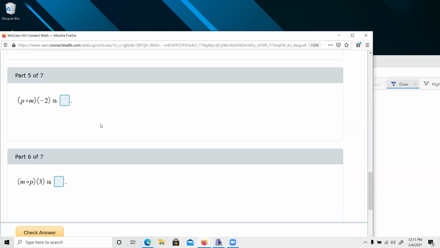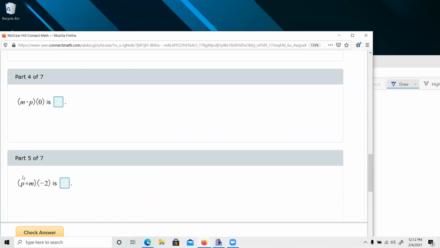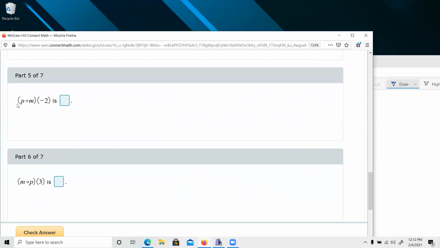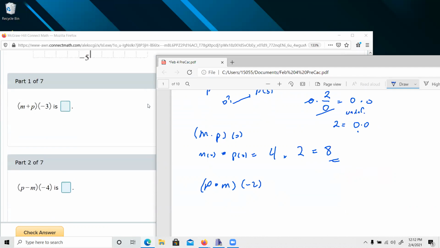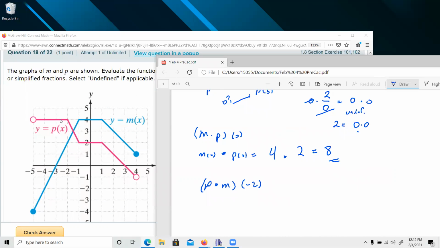Now we get to the circles, so P of M and M of P. P of M of -2. The way I like to write this is P of M of -2, and we work from inside the parentheses to outside.